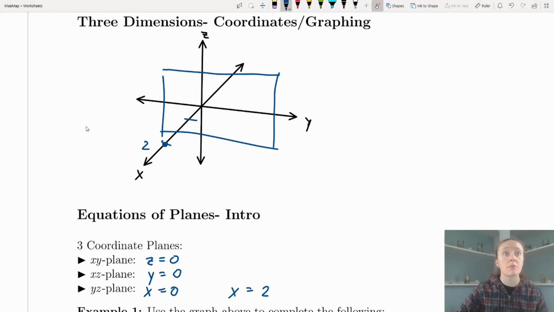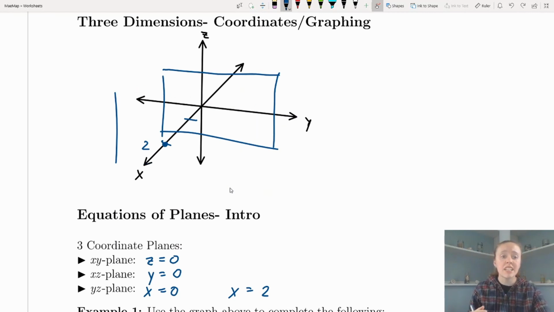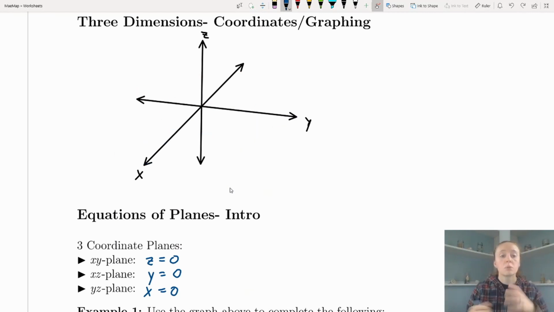So we're just going to move our plane up to that point 2 in that X axis. So hopefully this visual gives you an idea of how to work with planes. When we get into a later video, we're going to start going over equations for planes. But these were simple coordinate planes, which are fairly easy to visualize and work with.